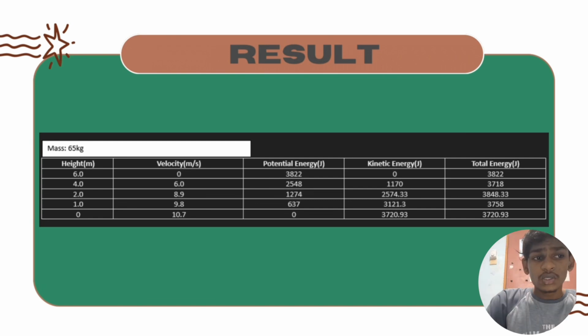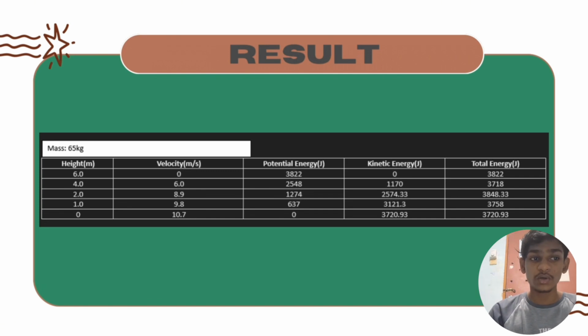At height 2.0 m, velocity is 8.9, potential 1274, kinetic 2574.33, and total energy 3848.33.